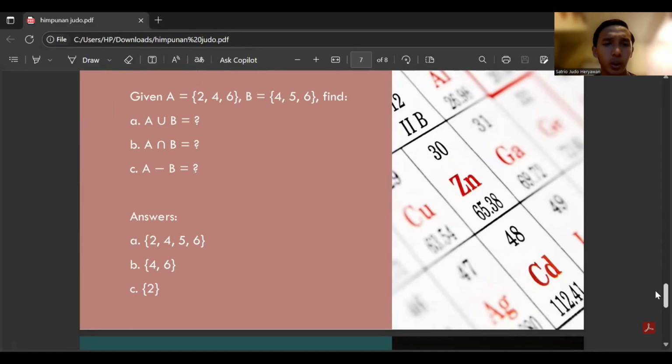The last one, A difference B. The answer is 2 because it is difference.